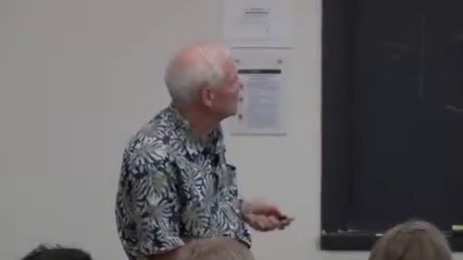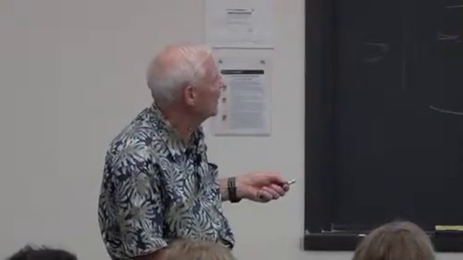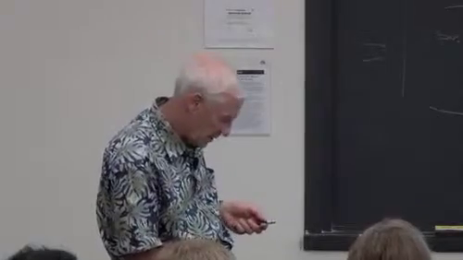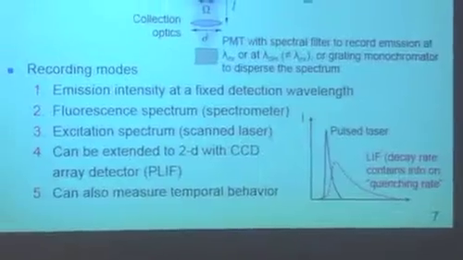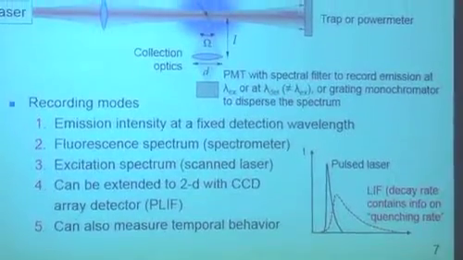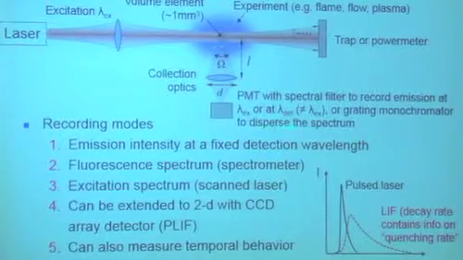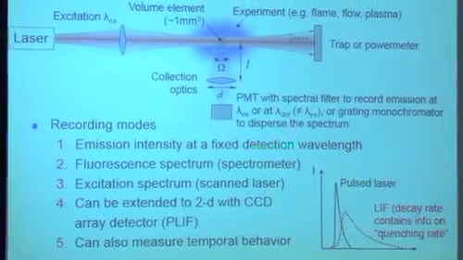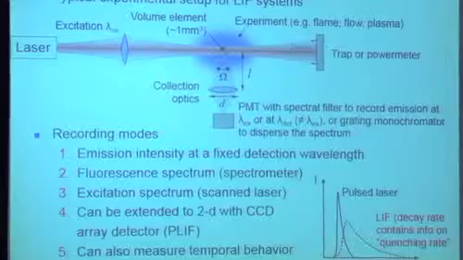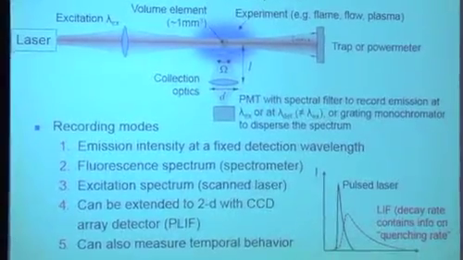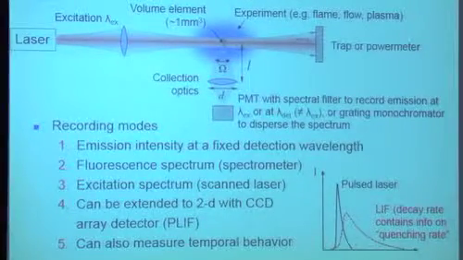It scales better when you have to keep omega over 4 pi up in order to get the signal that you want. There are different ways to do these experiments. You could measure at a fixed detection wavelength and just measure the intensity. You could scan the spectrum of emitted light, which would be done with a spectrometer.